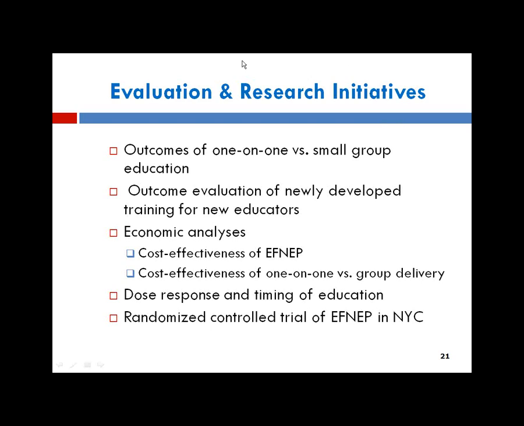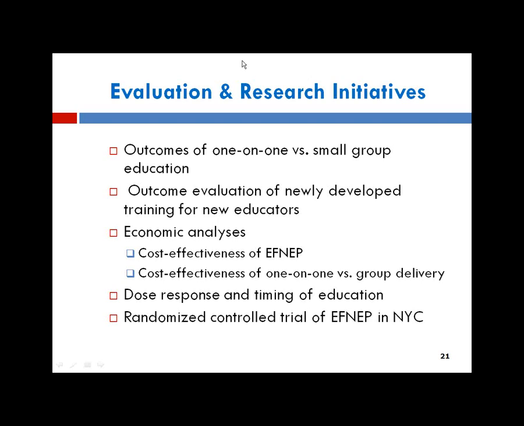Part of the case I wanted to make, in addition to the fact that we've gotten group outcomes up to be as good as one-on-one, is that for a long time, the powers that be have encouraged state programs to go to more groups because they thought it was more cost-effective. Because you only traveled once to get to 5 or 10 or 12 people.